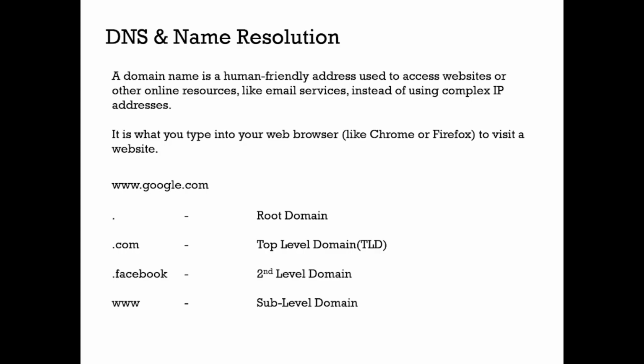So I'm going to give an illustration. There are actually servers that store these names. When you pick up your laptop and type www.facebook.com or google.com, your laptop checks its cache memory to see if there's any name like the one you've typed.